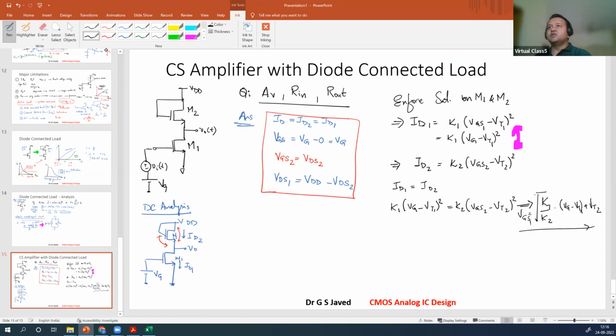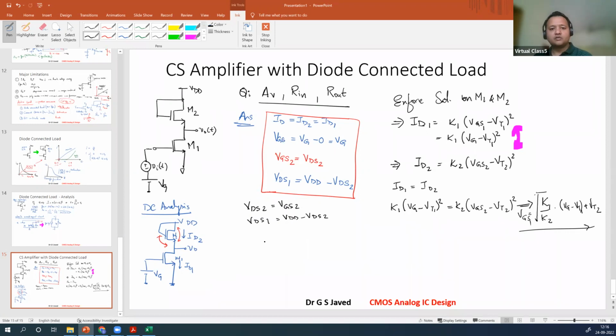Next, we know that VGS is equal to VDS2 and VDS1 we can check. Now let us check what is VDS1 and VDS2. VDS2 is equal to VGS2. VDS1 is equal to VDD minus VDS2. Now let's find out the values. VGS2 we have found out. What is VDS1?